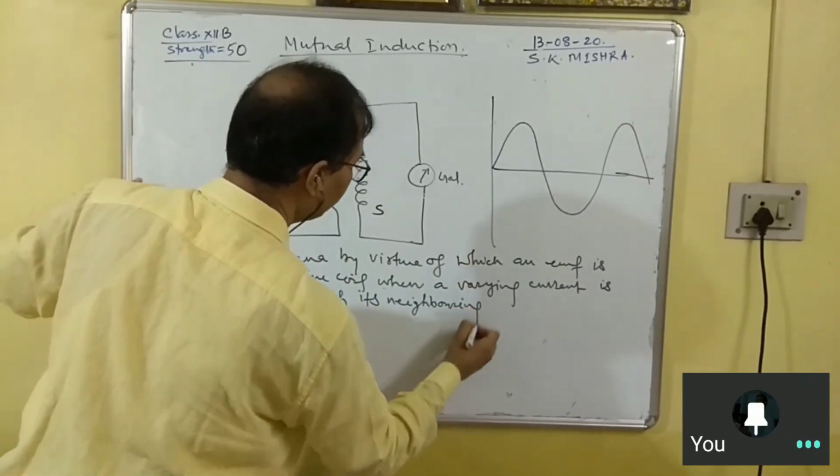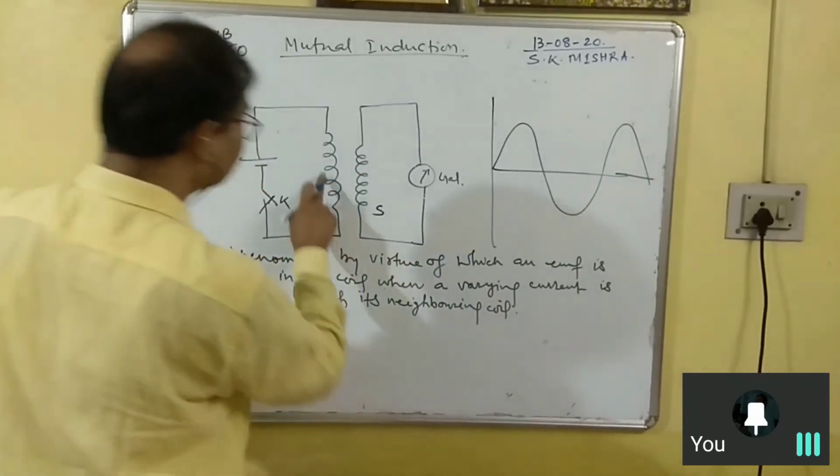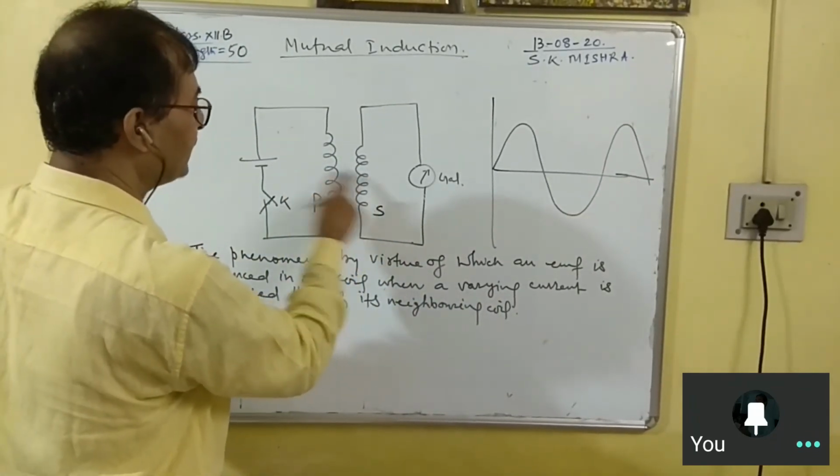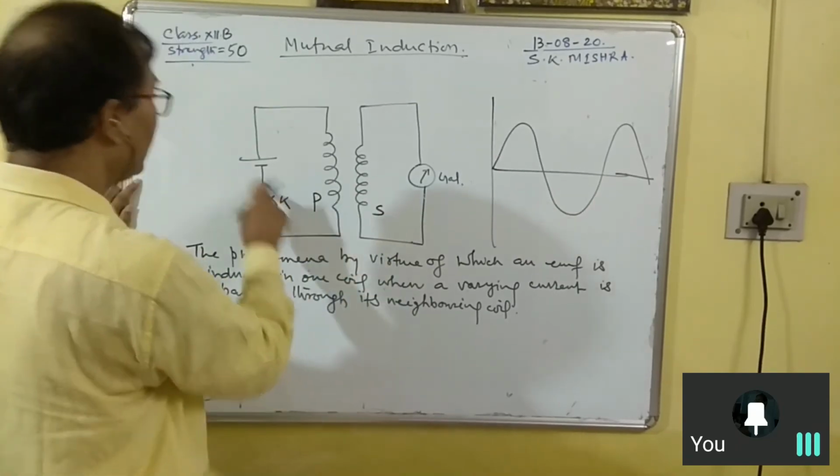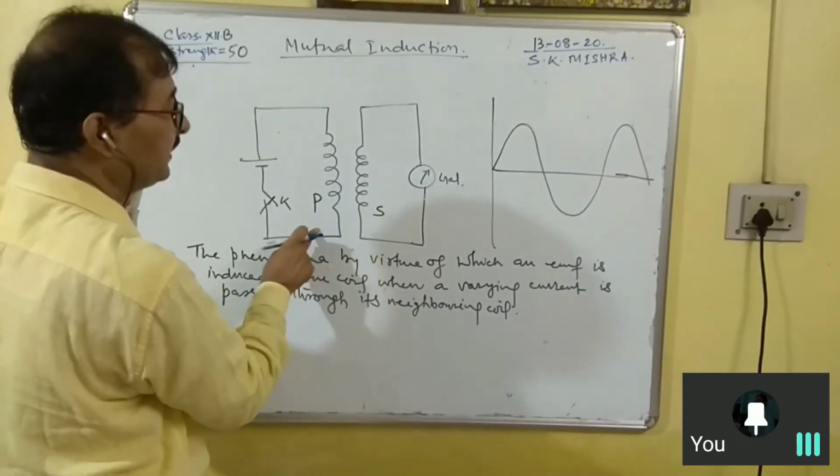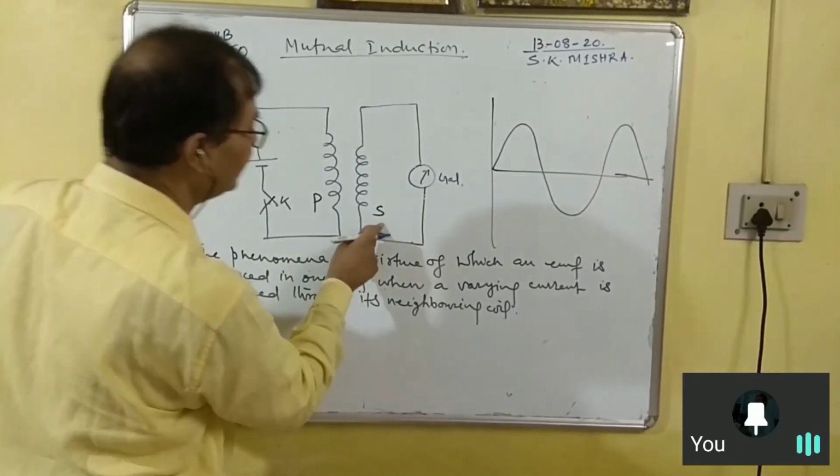Neighboring coil. So this is neighbor of secondary. Primary is the neighbor of secondary. So you are passing a varying current through primary, and an induced EMF is generated in the secondary.